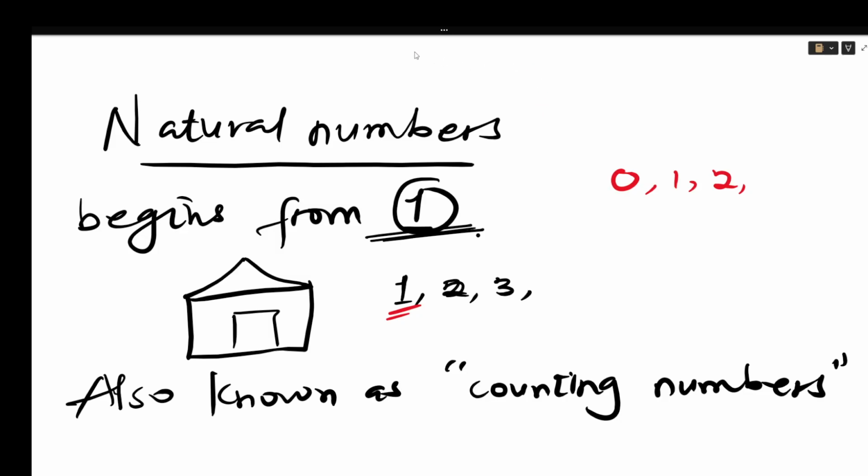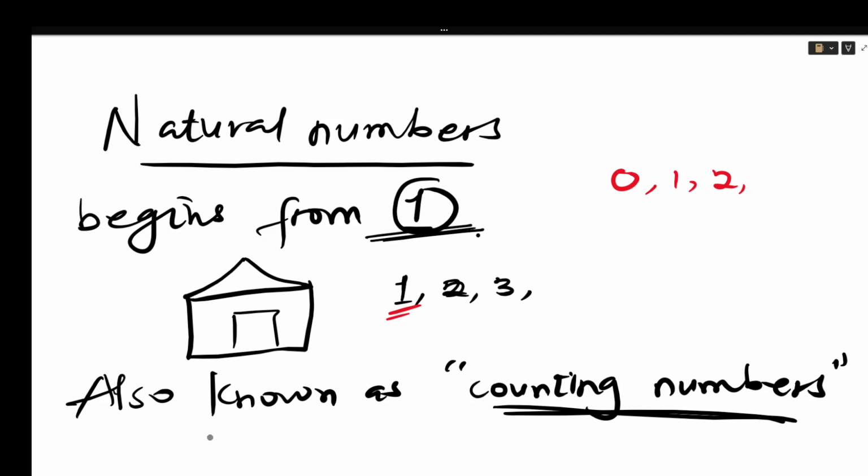So natural numbers, I will repeat, they begin from 1, and the clue that you can use for natural numbers is that they're also called counting numbers. Therefore, we also start counting from 1. We always begin our counting from 1. So natural numbers are numbers that begin their count from 1.